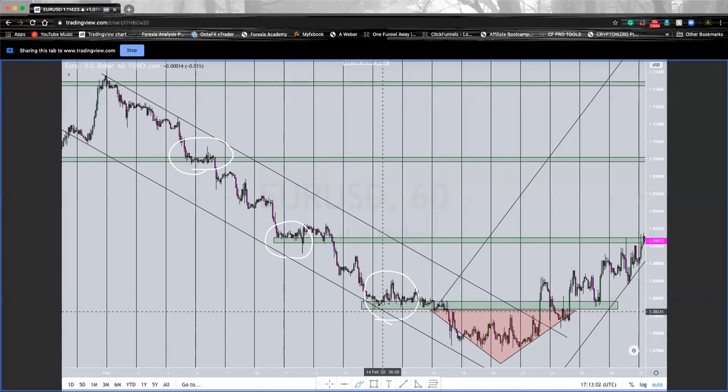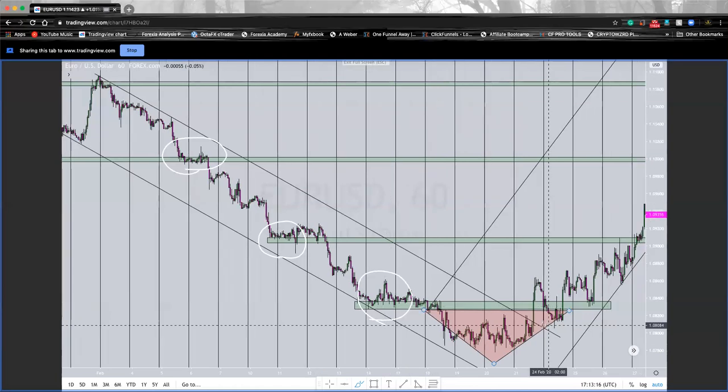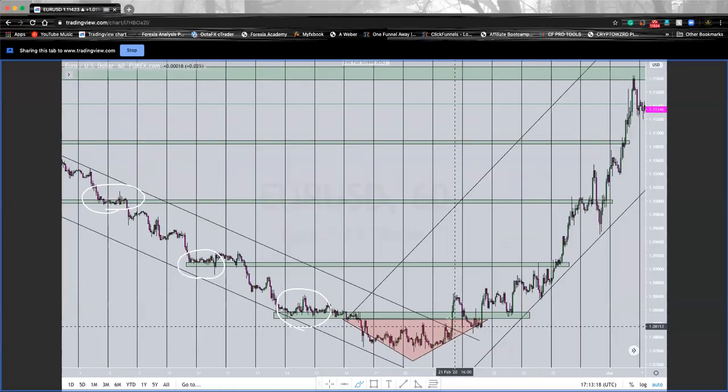And in the process of grabbing their stop losses, sellers become trapped. So if you want to participate in this move, you need to sell when retail is buying. If you want to participate in this move, you need to buy when retail traders are selling.